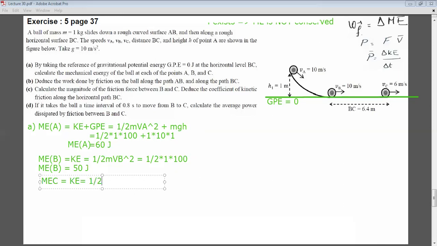So this is half mVC squared, and this is equal to half times m, which is 1, times VC is 6 squared, so 36. This implies the mechanical energy at C is 36 over 2, that is 18 joules. Okay? Now, part B.